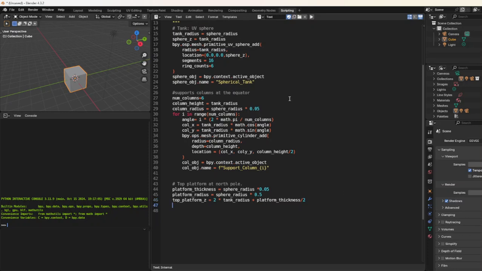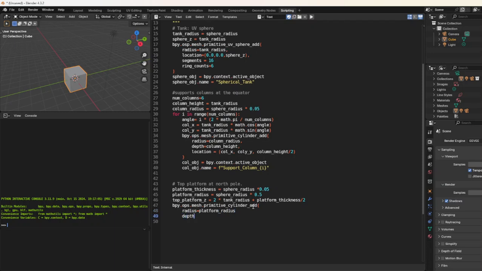Alright. Next, we're just going to add the cylinder, and we already defined the parameters up here, so the radius is just going to be platform radius.